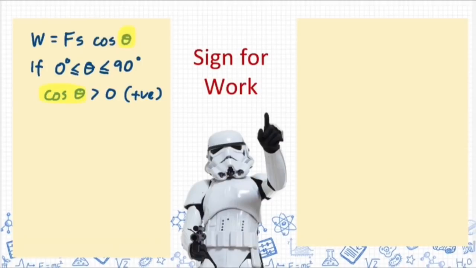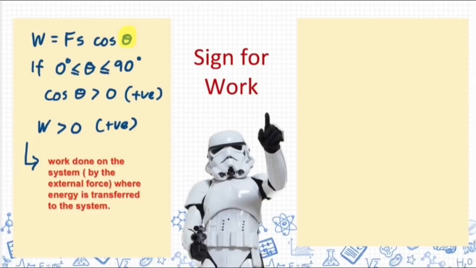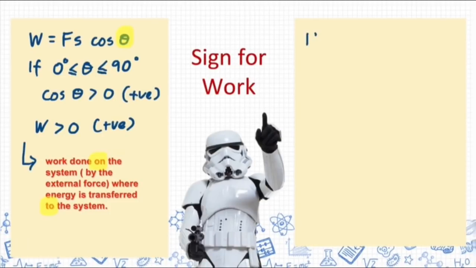So if cos theta is positive and we substitute that into the formula of work, then we will get work is more than 0 as well, which is also a positive value. Positive work indicates that work is done on the system by an external force and energy is transferred to the system.